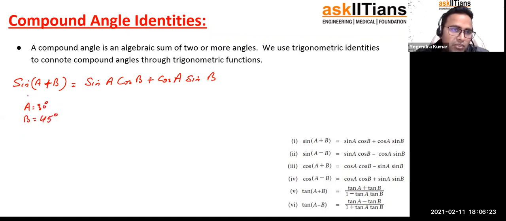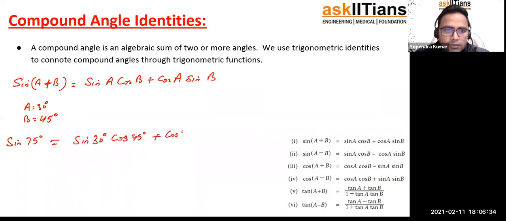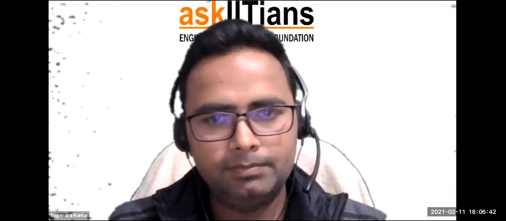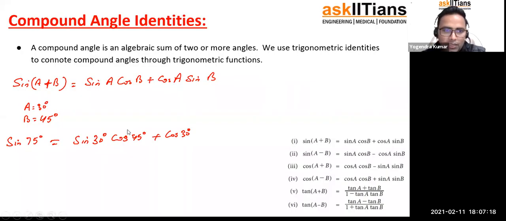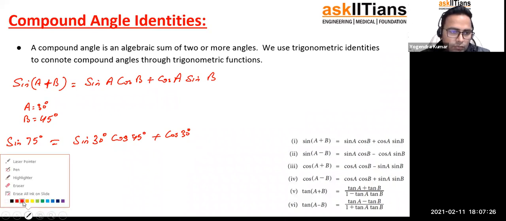So if I substitute this, sine of 75 degree will be sine of 30 degree cos of 45 degree plus cos of 30 degree sine of 45 degree, right? So we can calculate this.